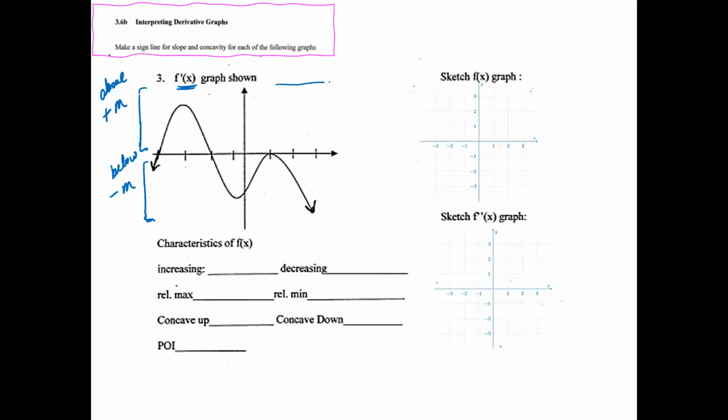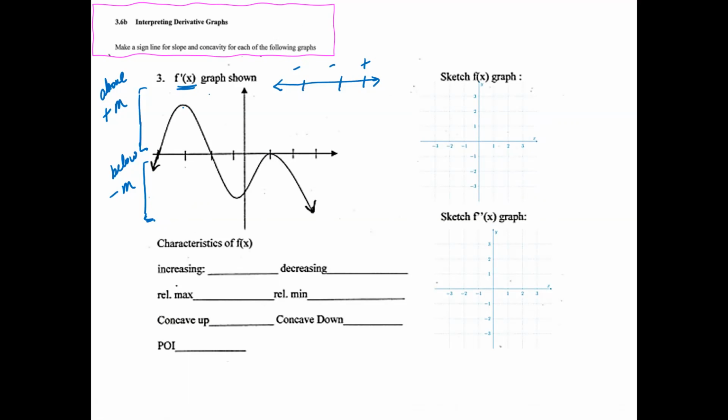Okay, so then let's go ahead and draw our sign line. If you look at this right here, you have 3 critical points at -3, -1, and 1. Oh, you know what? I'm sorry. Hold on a second. That's not correct. No, it is correct.